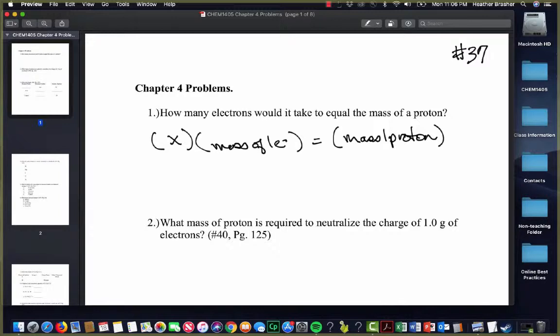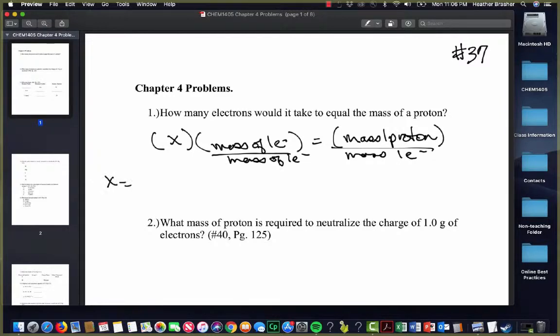Now, if you look on page 104, you'll realize there's a table, Table 4.1, that gives you all the masses of the subatomic particles. How you would solve this is you would divide by the mass of one electron on both sides, and then you'd set it up like that.